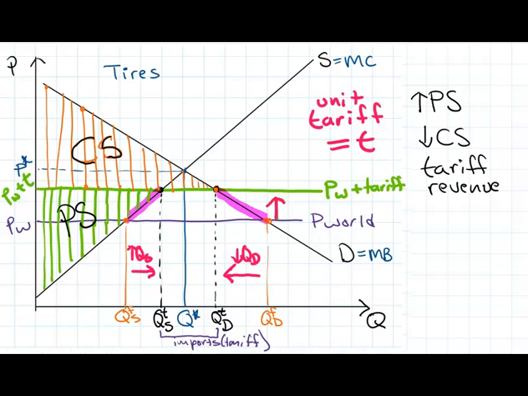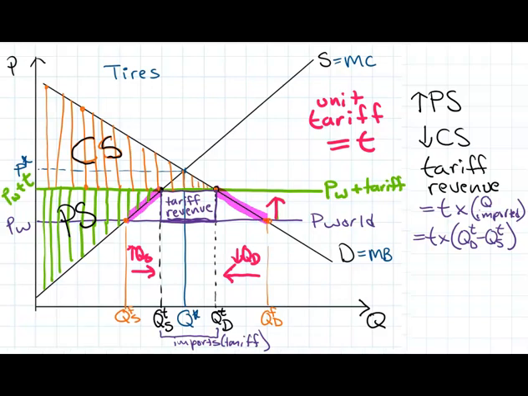So our imported part is this width, and our tariff is this height. So this little box here is our tariff revenue. And that's just equal to the tariff times the quantity imported, or the tariff times the quantity demanded with the tariff minus the quantity supplied with the tariff. Okay, so that little part is our tariff revenue.